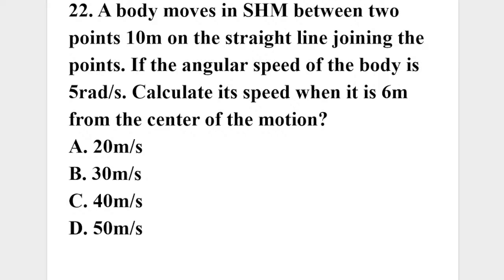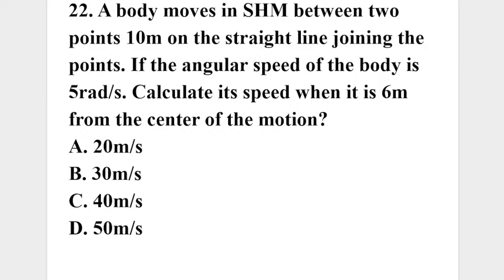I said that V is equal to omega R. But at times you can have two distances, and you have to make sure that it is one, and there's a particular formula that satisfies that problem. Now, I said V equals omega R, where R is the amplitude. Amplitude, in waves, is the point of maximum displacement of a body. It can be the crest, trough, compression, all those ones.